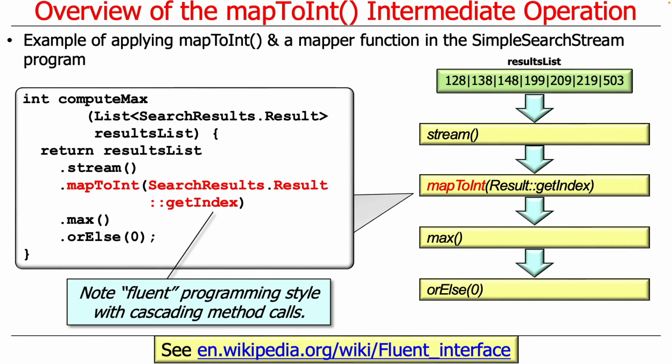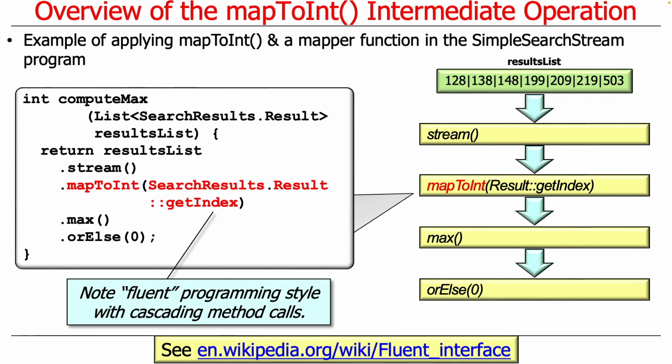Each result object keeps track of the index where the word was found in the input string. And we're turning that results list into a stream. And then we're going to use mapToInt to just get back from that a stream of indexed locations as primitive ints. And we're going to use that stream of locations as primitive ints to find the max.